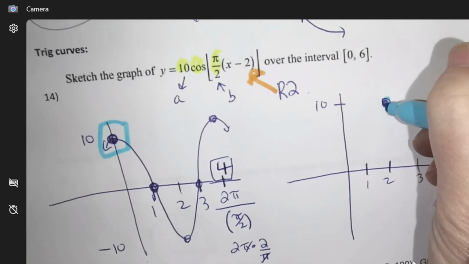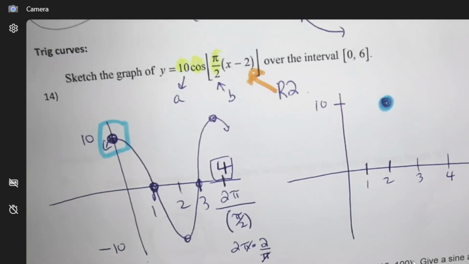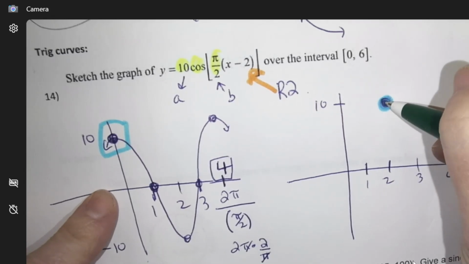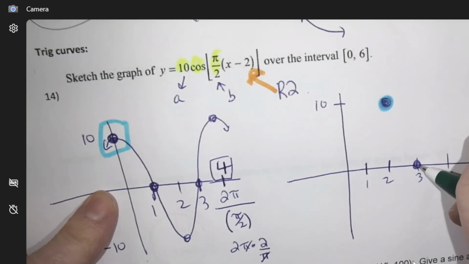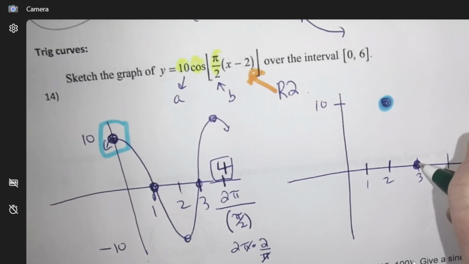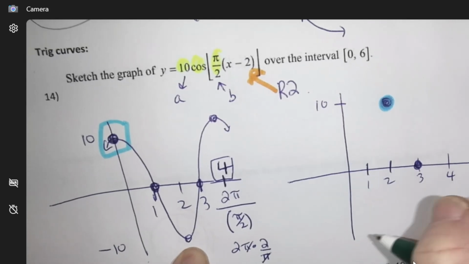I'm now going to put it at 2, 10. And I'm going to follow the pattern. I'm on a top. So when I hit the next tick at 3, I should be on a middle. Continue the pattern from the middle. Now I head to a bottom.